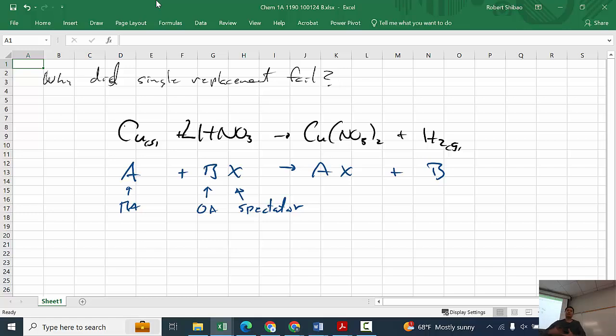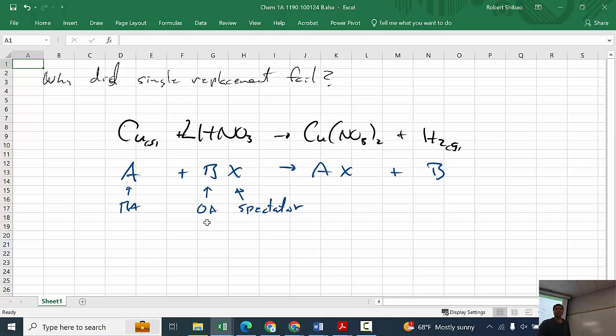And then you let the play run, and the play runs, but there's a problem. And the problem is this. Can you prevent nitrate from reacting? You need to prevent nitrate from reacting.